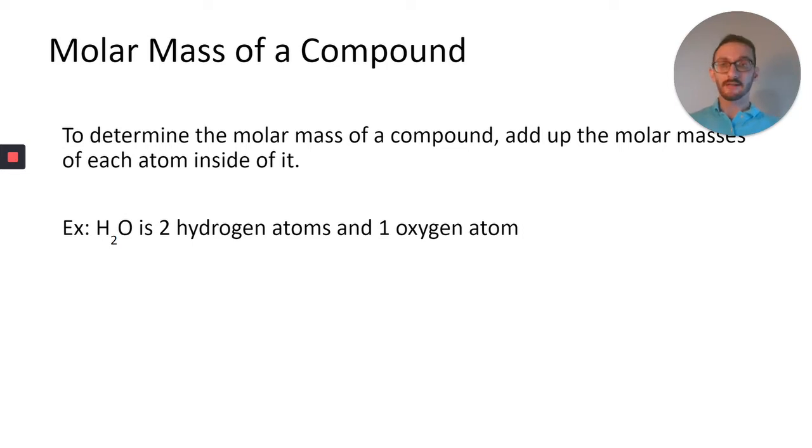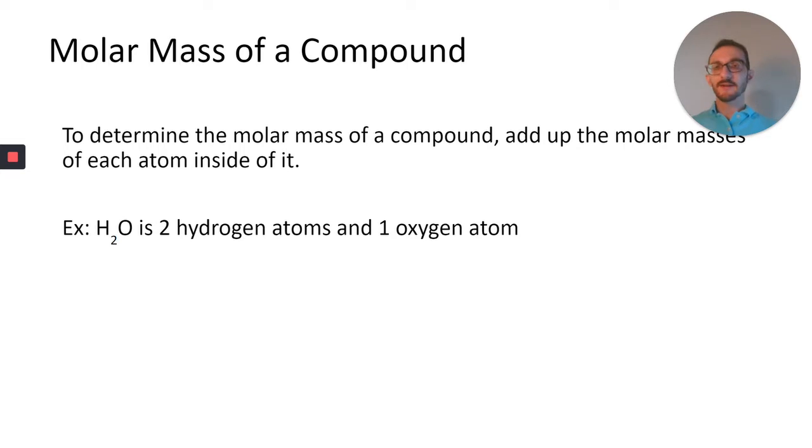If you are working with a compound, you are adding up the masses of each atom that is inside of that compound. So for example, water has 2 hydrogen atoms and 1 oxygen atom inside of the water molecule.